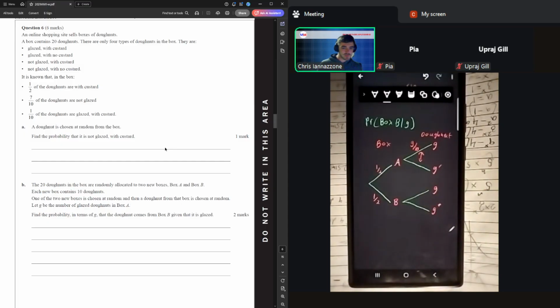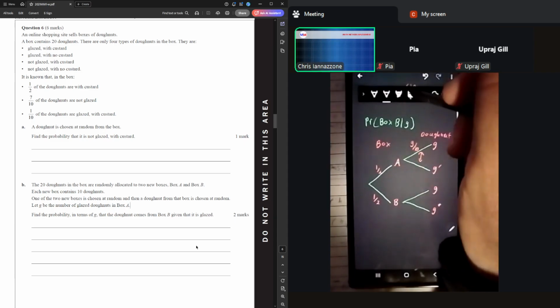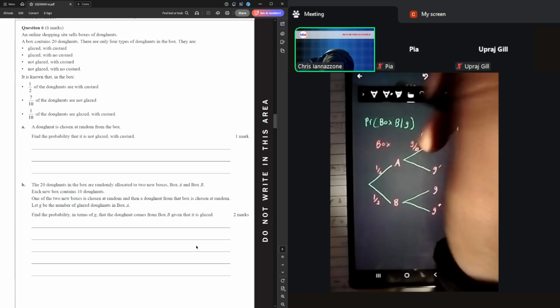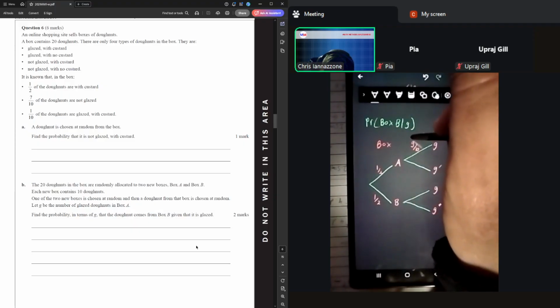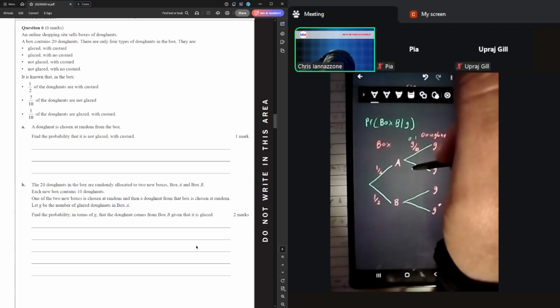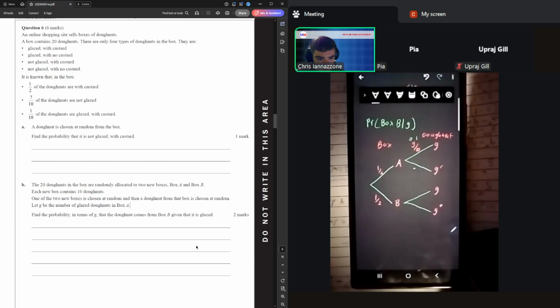A reminder that these are pairs. If I said that this one was 0.1, what would you say this one is? 0.9.